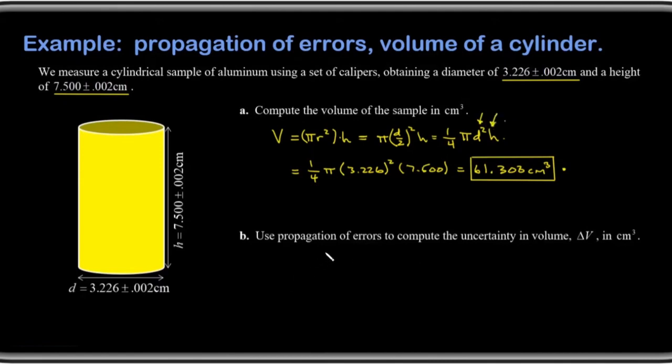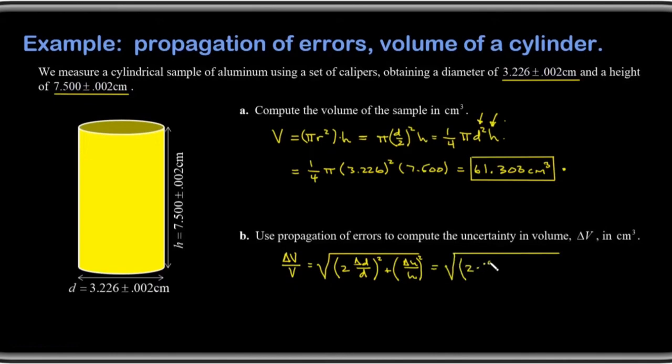So the propagation of errors formula that we're going to use looks like this. The relative uncertainty in V, in other words, delta V over V, is the square root of 2 times delta D over D, and the 2 is there because it was squared in the volume formula, and then I have to square that term, plus delta H over H squared inside that square root. So we plug in the numbers.